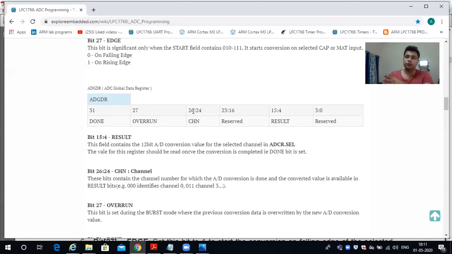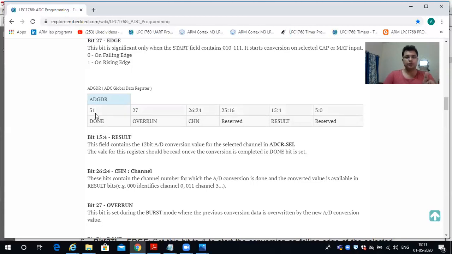Then we should also know which input channel this converted value corresponds to. 8 channels are possible, so to depict 8 channels we require at least 3 bits. For that purpose, these are the channel bits, 24th to 26th. Then the 27th bit is for overrun.